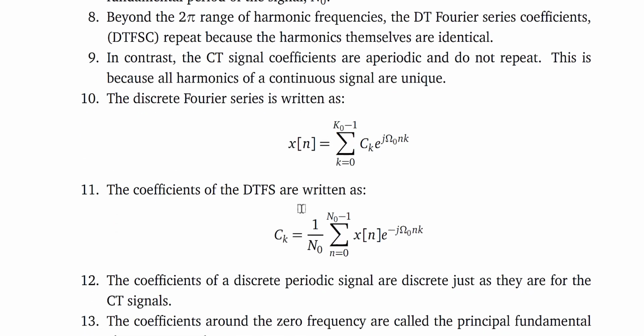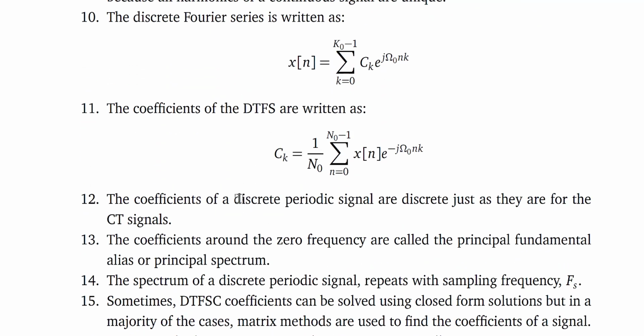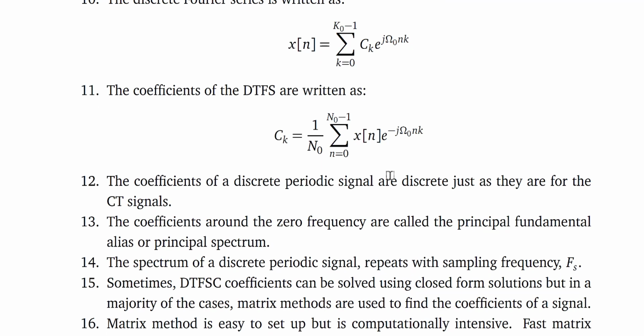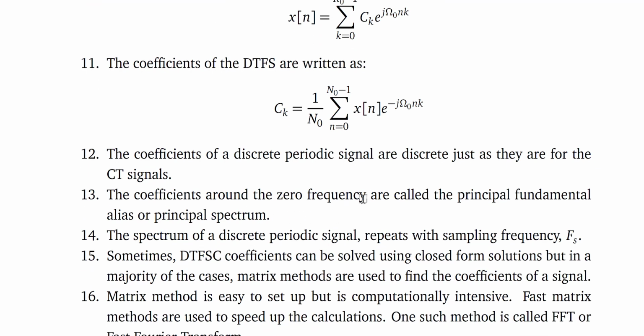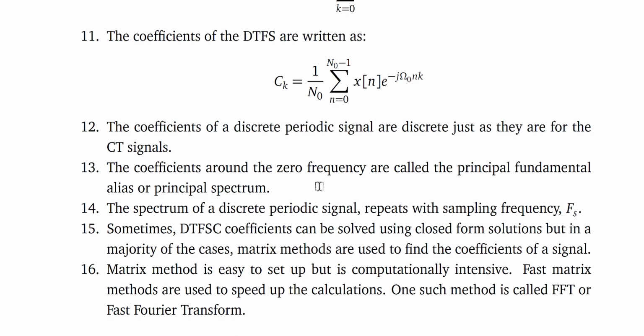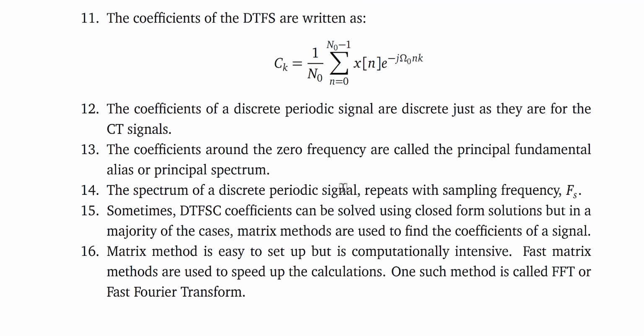And here are the expressions. The coefficients of a discrete periodic signal are discrete, just as they are for continuous time signals. The coefficients around the zero frequency are called the principal fundamental alias, principal alias, or principal spectrum. The spectrum of a discrete periodic signal repeats with the sampling frequency FS. This is something new, and we did not talk about it in the case of analog signals.